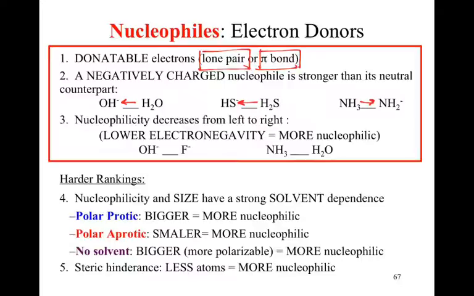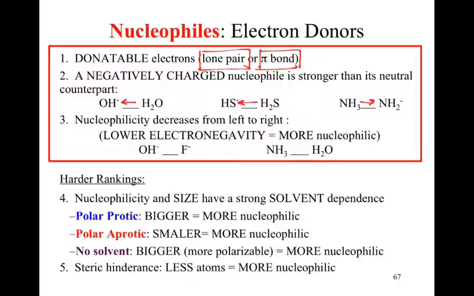If we continue to move through, the next rule that we would move to, interestingly enough, is not looking at size. And that's because size is this weird nebulous thing that has a huge solvent dependence, and that makes it really confusing. So I know we're breaking from our pattern of looking at charge, size, electronegativity, resonance, and inductive effects, but I'm breaking from it for a reason here.